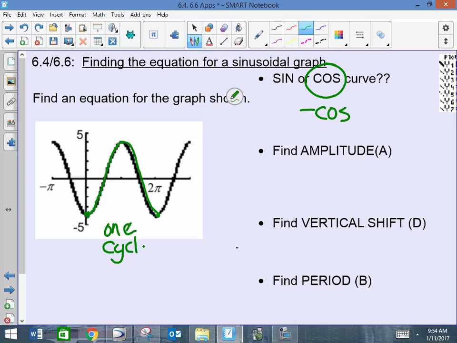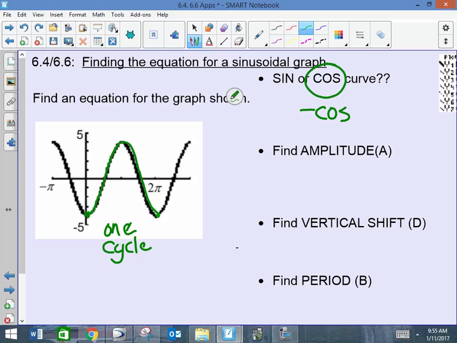Now again, just like you had to know how to graph one cycle, you have to recognize the cycle as well. Yes? Yeah, but it's easier to do a negative cosine than a sine curve shifted. Yes, ma'am. Okay. Now remember the amplitude is how tall this thing is.